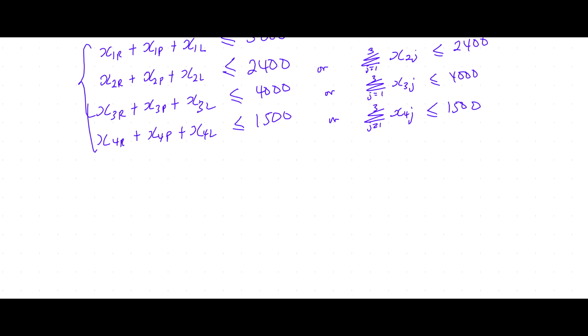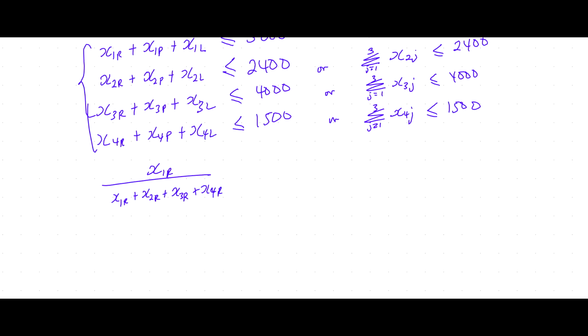What that means is that if you take component 1, which is X1R in regular, the composition, that is 1 in regular plus 2 in regular plus 3 in regular plus 4 in regular, right?